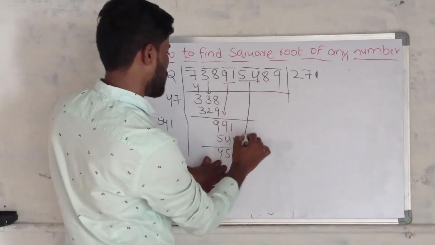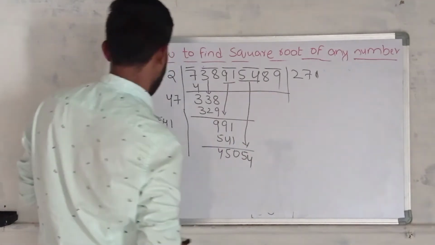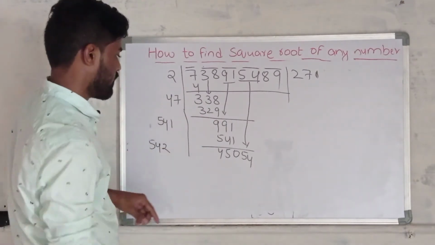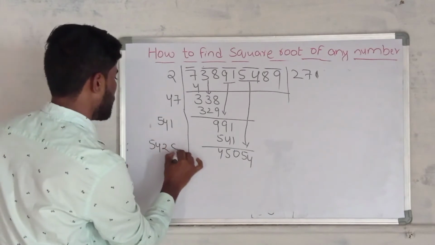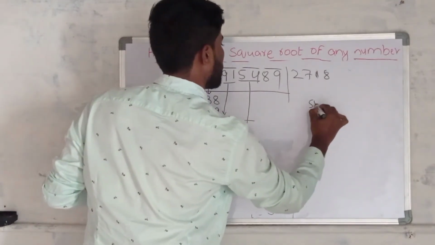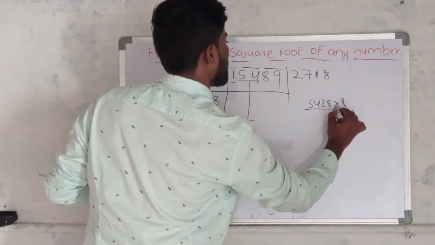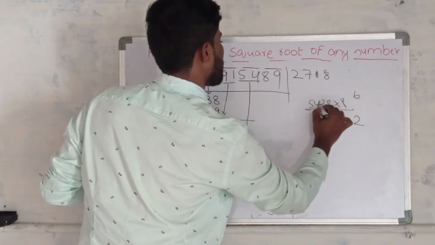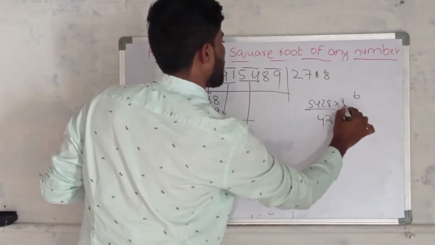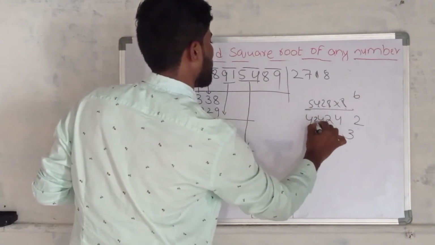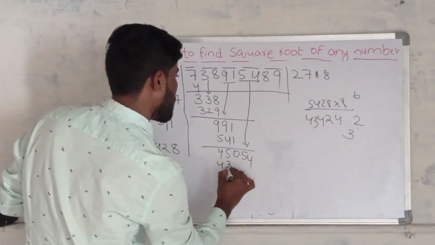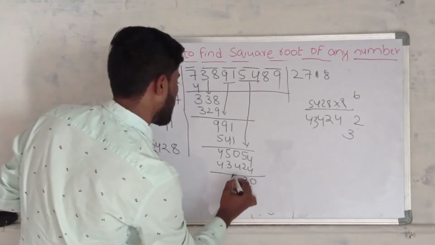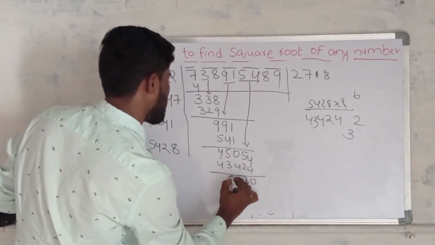Next we bring down the next group. 271 into 2 is 542. 5428 into 8 is 43424. Subtracting gives a remainder of 1.